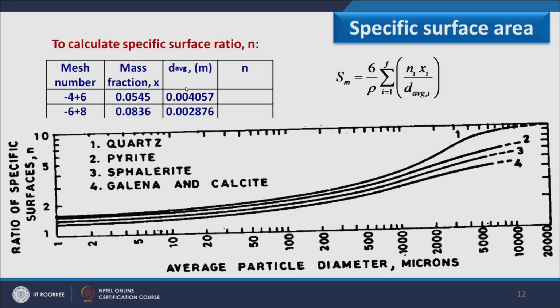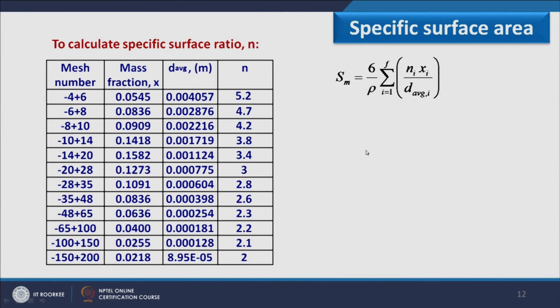The first value is 4057 micrometer, the average particle diameter. Corresponding to 4057, we can place a line, and corresponding to this value as well as the 2 number plot, we can see the value of n from this graph, which comes as 5.2. So, using this graph we can find the value of n, that is the specific surface ratio, very easily, and similarly we can write the n value for other fractions also.